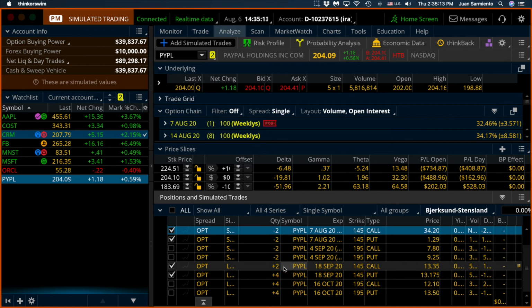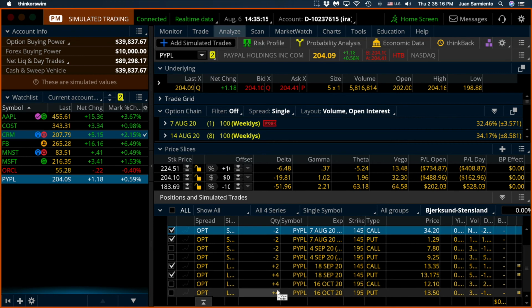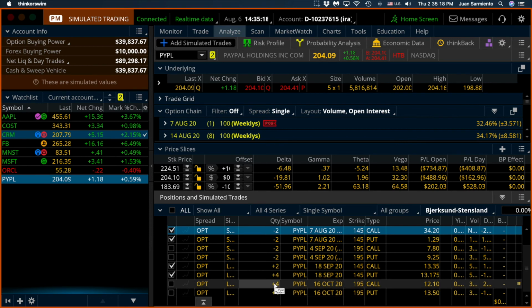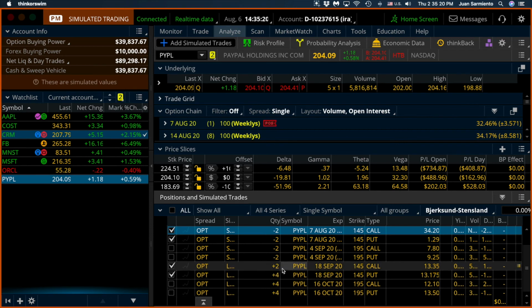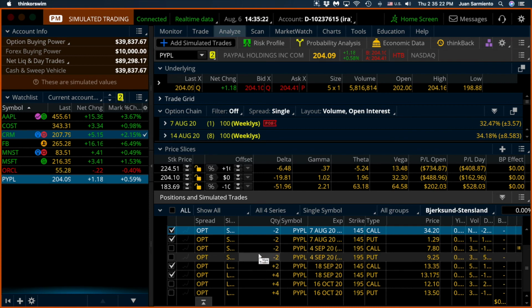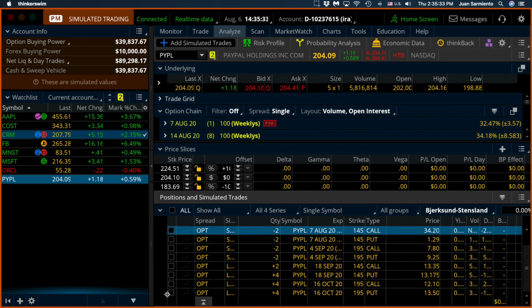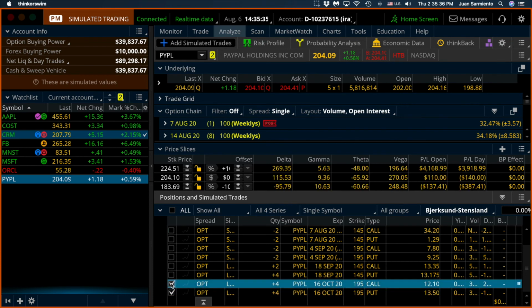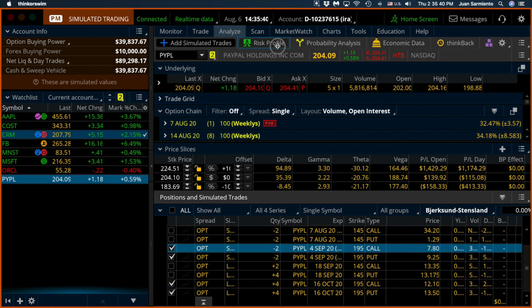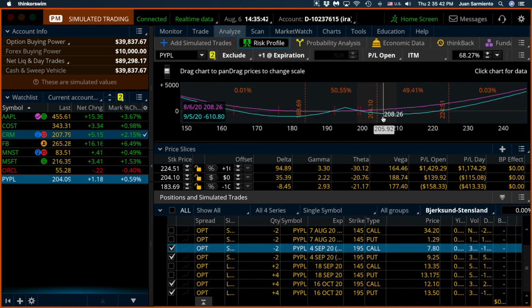That means I rolled it up because I enter a new trade here. I decided to close my calls there, completely non-risk, but in case this market goes down, I still have the 145 there, just in case. It doesn't bother me at all. So I already took all my profits on that one, but the 195 is this, and I don't want to change any of that.